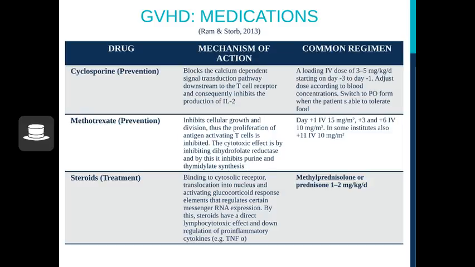Common regimen includes methotrexate administration on day +1, +3, +6, and in some institutes also +11. Dose should be adjusted to creatinine and bilirubin levels. One of the major side effects of methotrexate is mucous membrane toxicity. This would explain the patient developing moderate mucositis post-transplant.